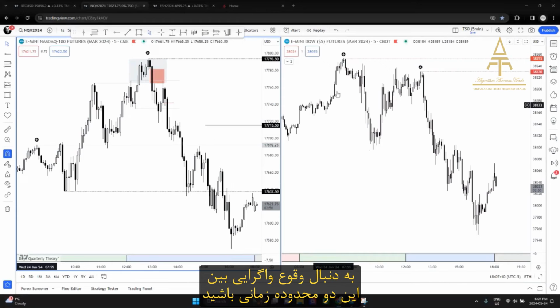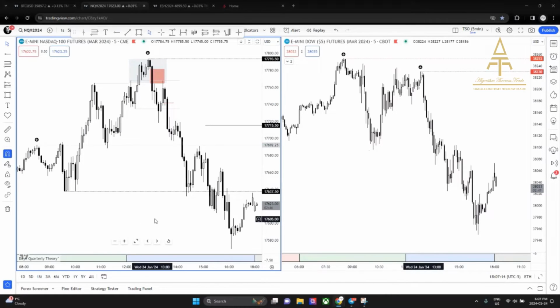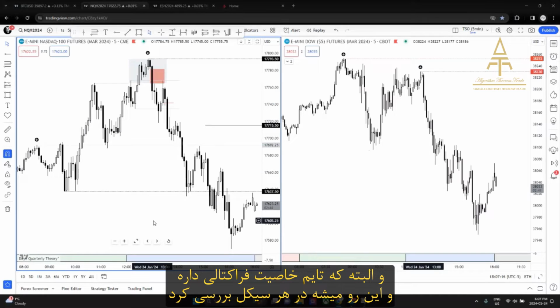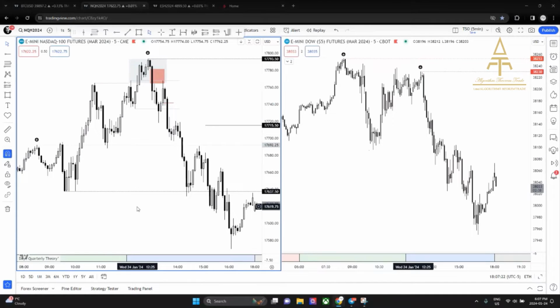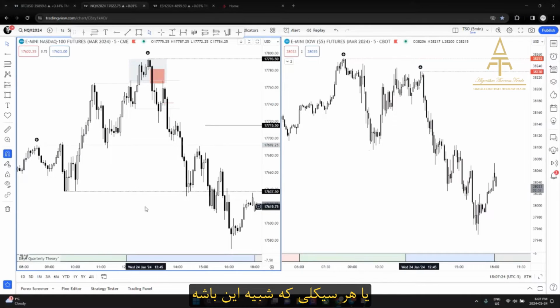So you want SMT to be occurring between these two times. And of course, time is fractal, so you can apply this to any cycle that you wish to, or any that presents this, that you should be looking for.